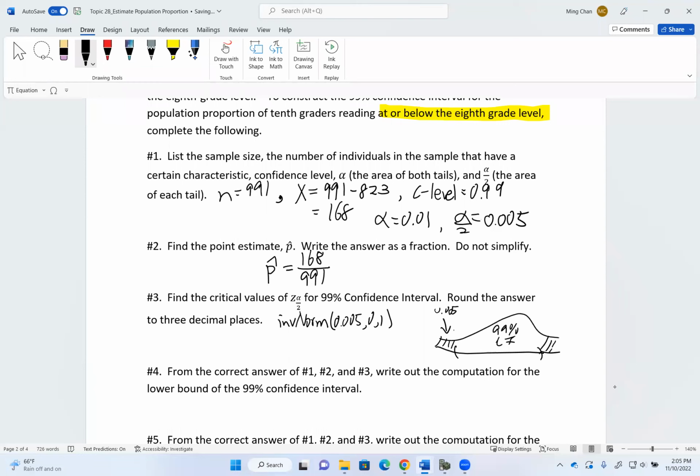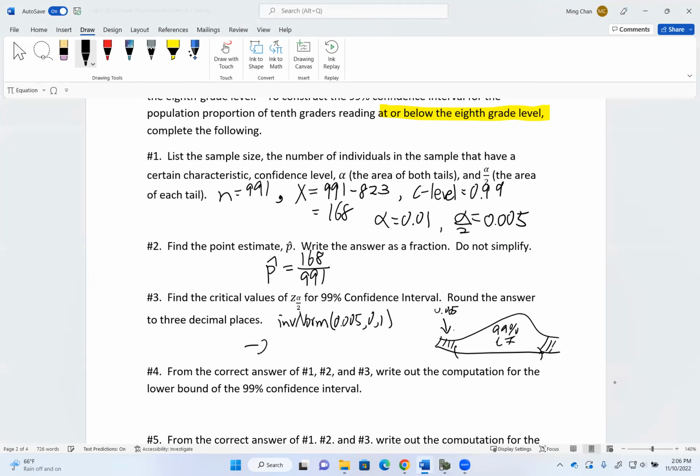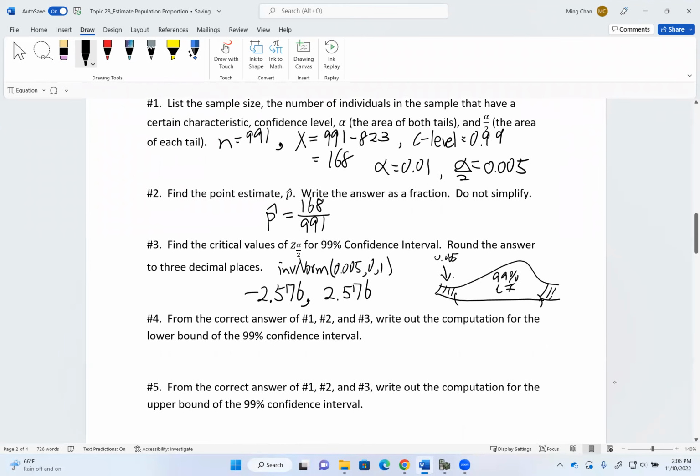That gave me the critical value on the left of the mean, so of course the answer will be negative. The one on the right would be positive. Three decimal places, so that will be about negative 2.576. So the other critical value should be positive 2.576, because both areas are the same.